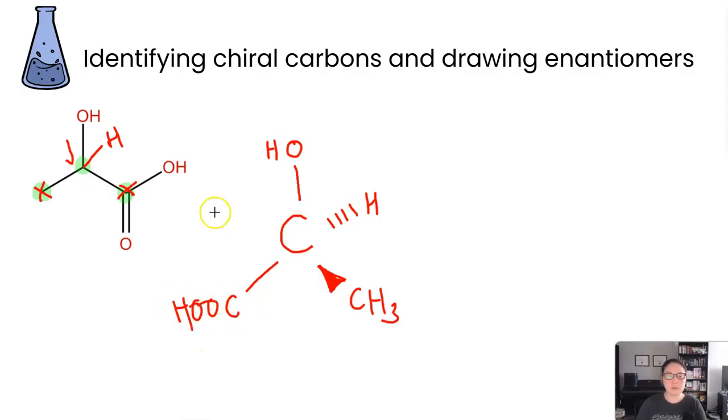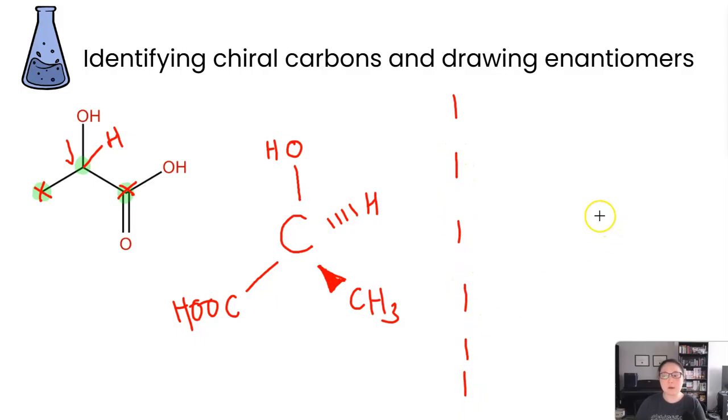So again, in the middle we have that carbon, we have the hydrogen attached to it, we have the hydroxyl group attached to it, here is the methyl group, and then here is the carboxyl group. Now if you wanted to expand this a little bit more, that would have been fine, but I'm making things simple for myself. So from here, if you're going to draw the enantiomer, we need to draw a mirror image.